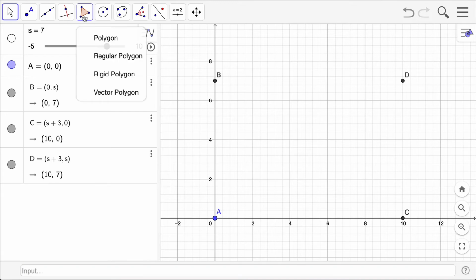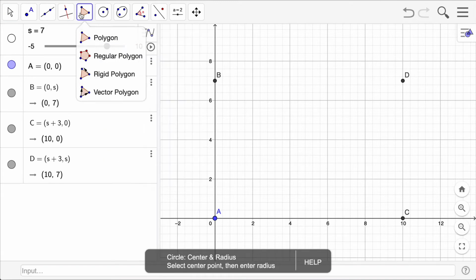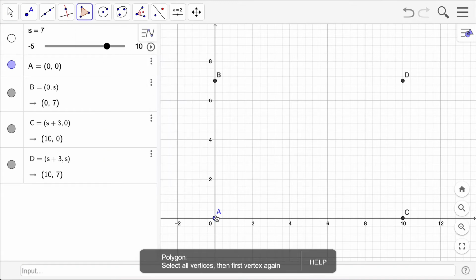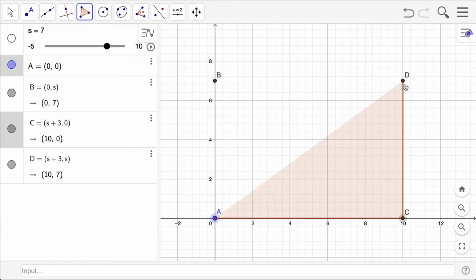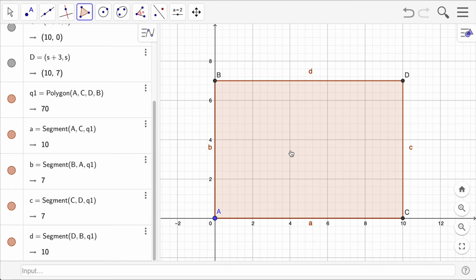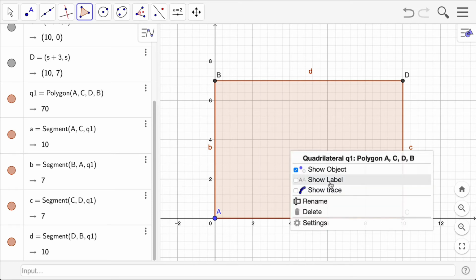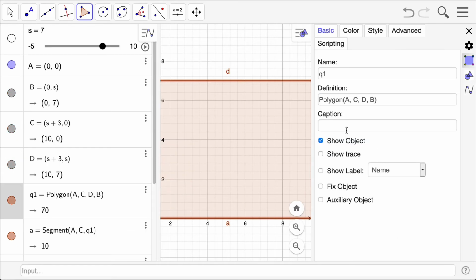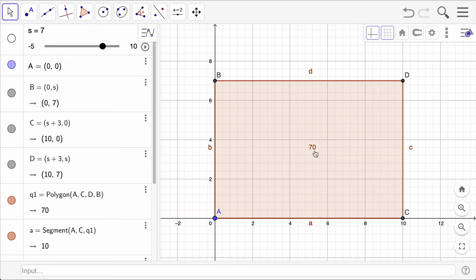And that's our rectangle, once we select all the vertices. And you can see that 70 is the area on the side, but let me show the label. There we go. So that's 70. We want it 72.